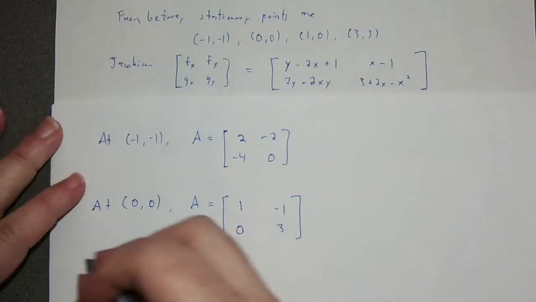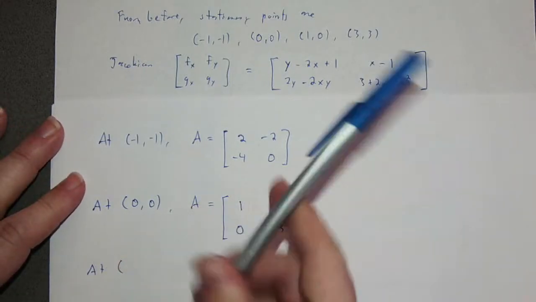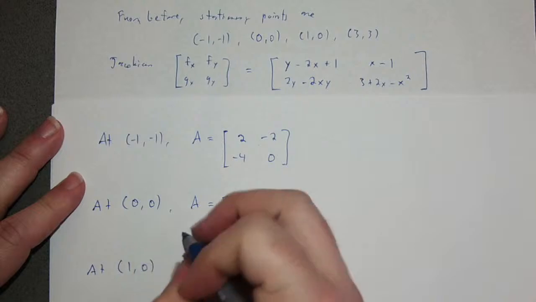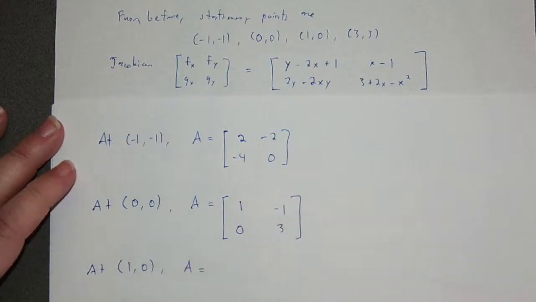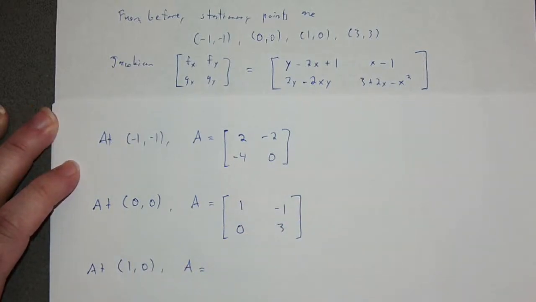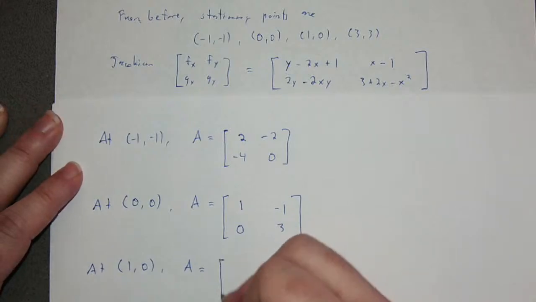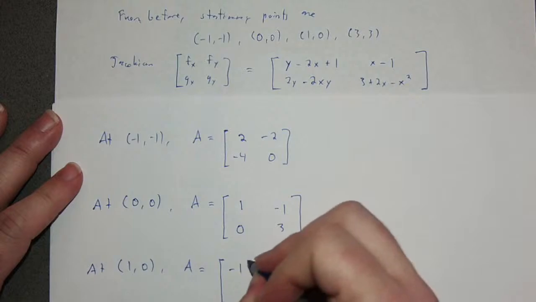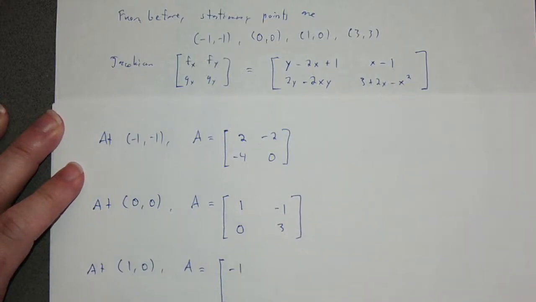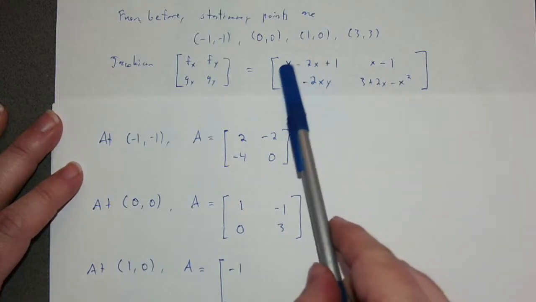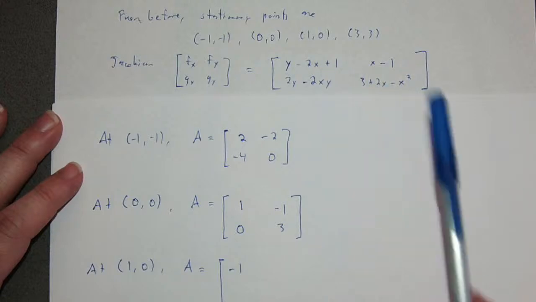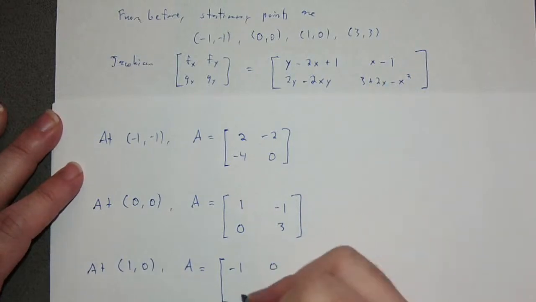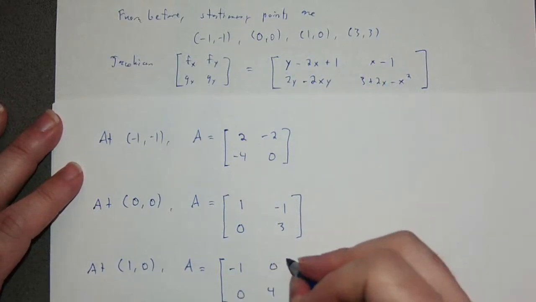At (1, 0), my matrix A is -1, 0, 0, 4, because that's 0, so this would be -1.